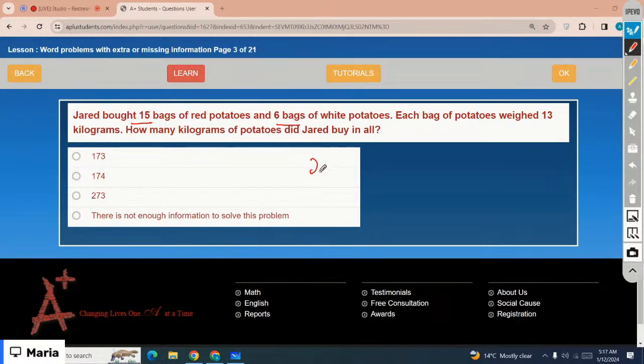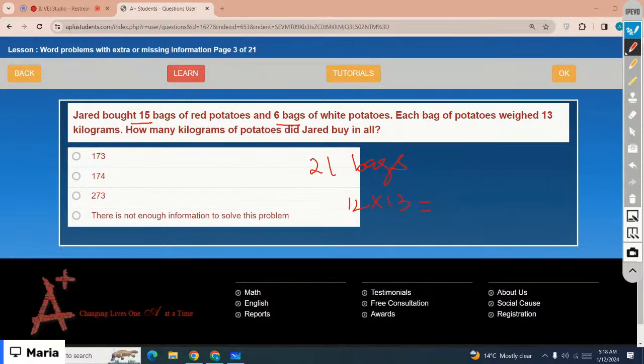So 15 plus 6 is 21 bags. The total bags he bought is 21 bags, right? Okay, each bag of potatoes weighed 13 kilograms. So just multiply 21 times 13, right? Because you need to calculate how many total kilograms of potatoes Jared bought in all. So you have to do 21 times 13.